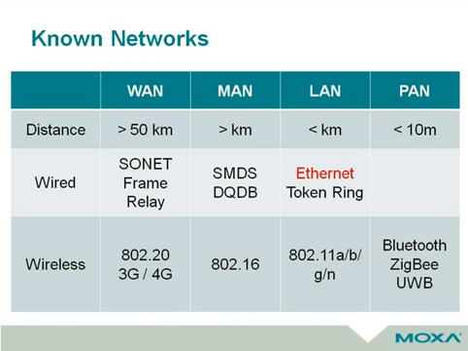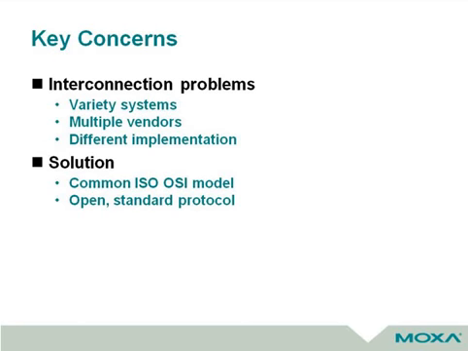For the wired networks, the most famous is Ethernet. This is also today's topic, and I will introduce it in the following slides. Other technologies may be used as a backbone, which is not today's topic. And about the wireless networks, we may introduce them in different courses. As I mentioned, the network is used for connecting different devices.